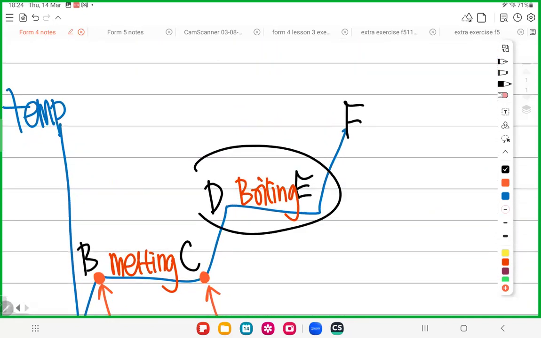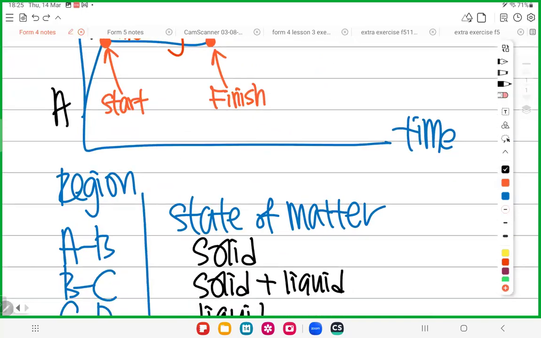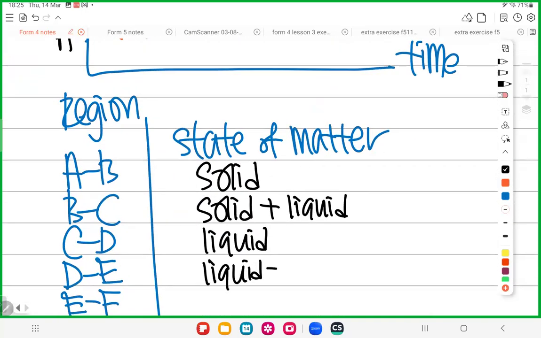D to E is here, a horizontal line. Remember, you must be careful on the horizontal line. The horizontal line is where we change the states. So we know boiling is ongoing. At this point boiling started, then goes on and on. At this point, boiling finishes.